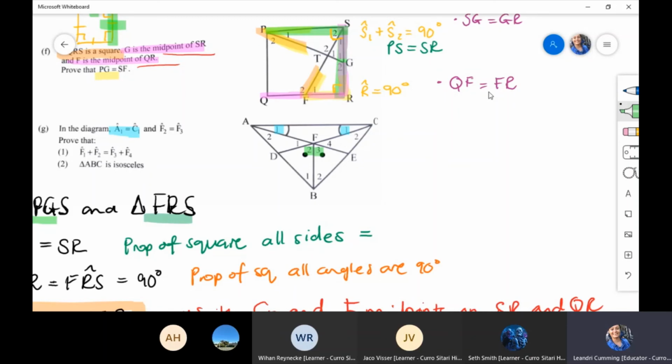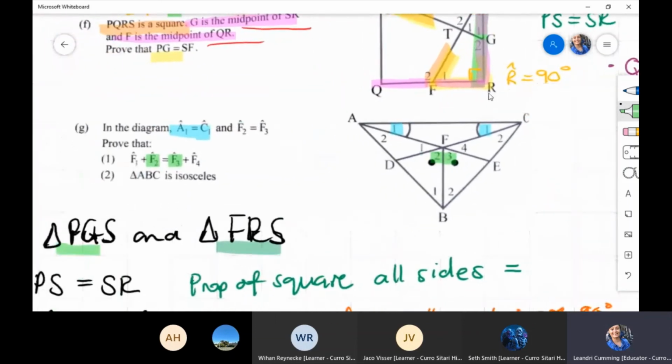Now we need to prove that F1 plus angle F2 is equal to F3 plus F4. What we were given is that F2 is equal to F3. That's why I color coded it here in what we need to prove, so that you can see a part of what is on the left-hand side is already equal to a part of what's on the right-hand side.